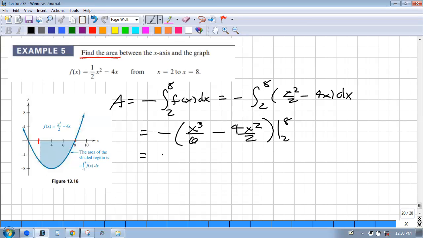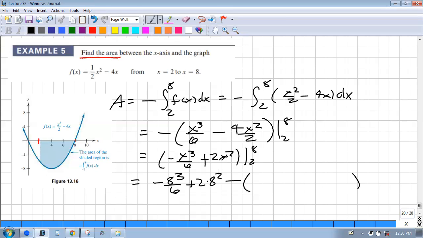This would be negative x cubed over 6 minus 2x squared, evaluated from 2 to 8. It should be a plus. Minus minus makes a plus. So we plug in our 8. We subtract, and now we plug in our 2. And then you can do the arithmetic.